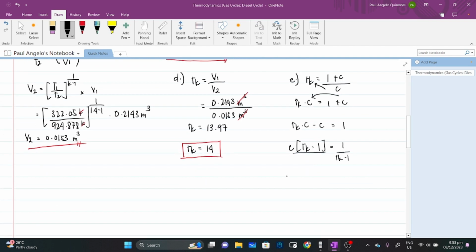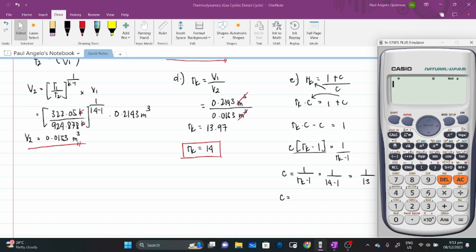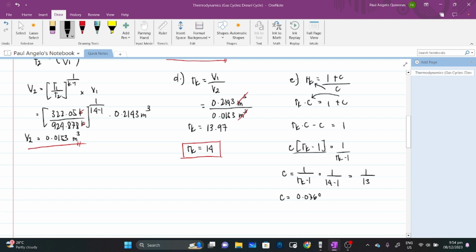Let's divide both sides by RK minus 1. We have C, or your clearance, that is 1 over RK minus 1, or 1 over 14 minus 1, or simply 1 over 13. So our clearance is 1 divided by 13, so that is 0.0769, or simply this is approximately 7.69%.